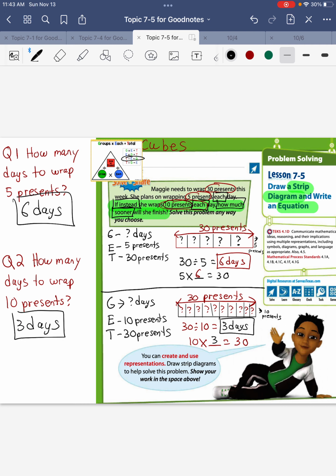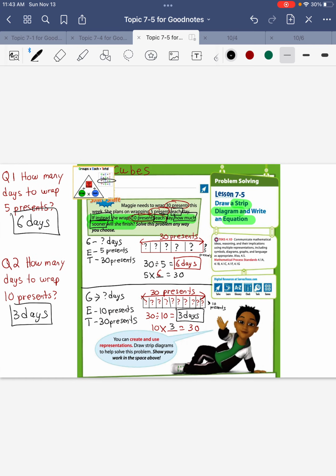Okay. But I'm not done yet. My main question's asking how much sooner will she finish? Okay. So I know if she wraps 5 presents, it takes her 6 days. And it's asking if instead she wraps 10 presents each day, how much sooner will she finish? So my last step is I'm going to subtract.